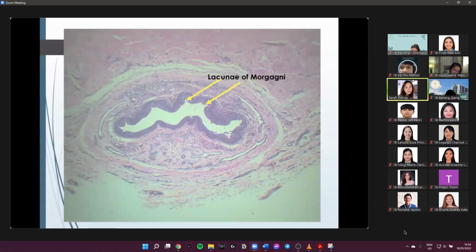So we call them your Littre's glands. They were not identified here. So don't forget Littre's glands. Try to look at them closely in the lecture of our Dr. Bardelosa. How do your Littre's glands look?